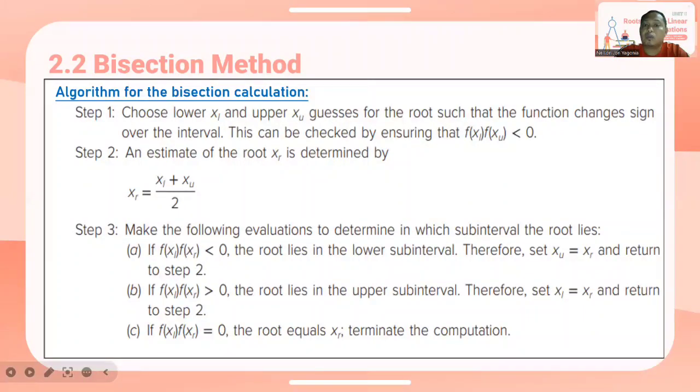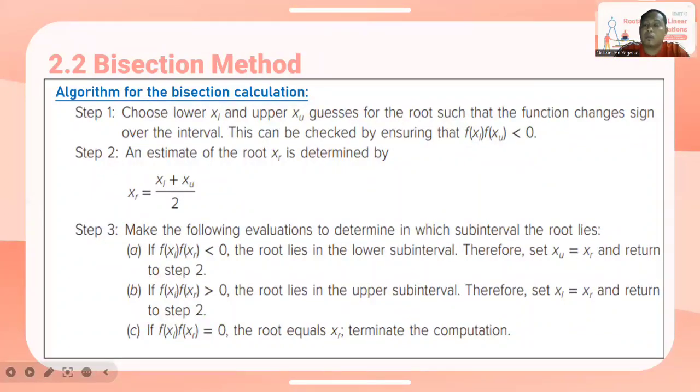This can be checked by ensuring that f(x sub L) times f(x sub U) is less than 0. So for step 1, we shall guess or assume lower and upper values of x.